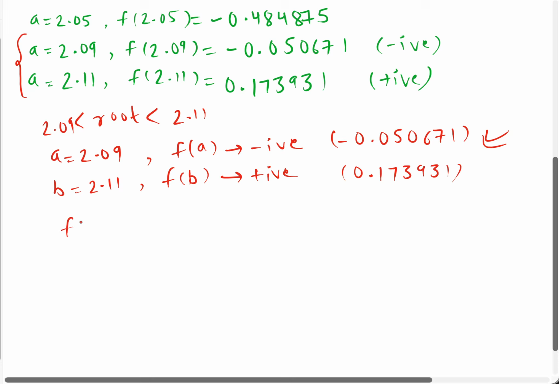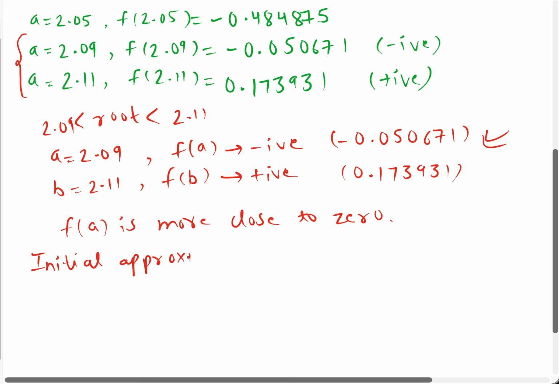We know f(a) is more close to 0. So our initial approximation will be a equals 2.09.